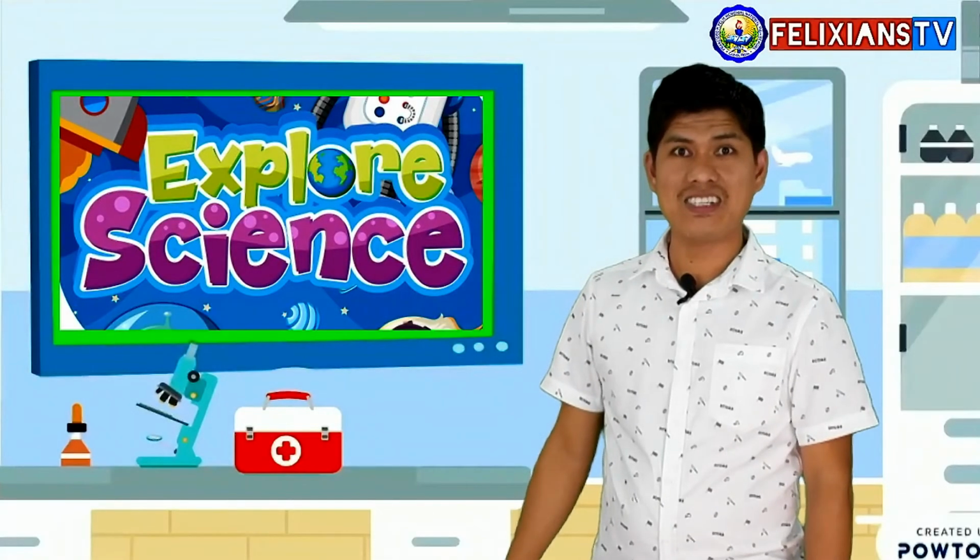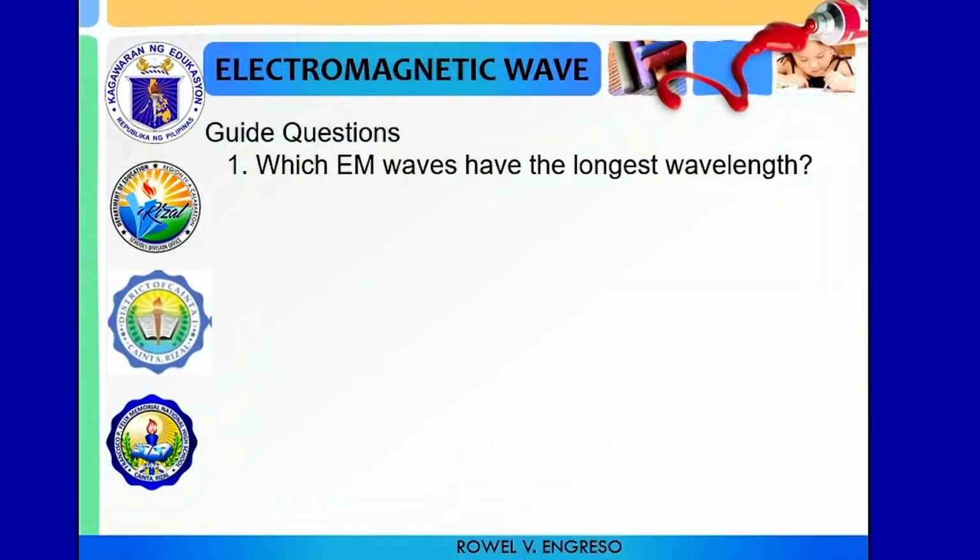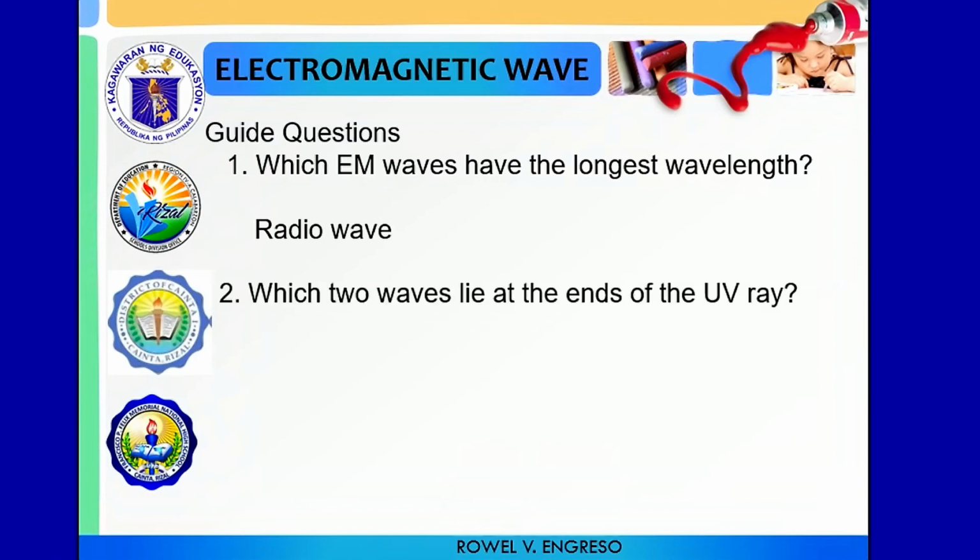Let us now answer the guide questions. Which electromagnetic wave has the longest wavelength? The answer is, you're right, it's radio wave. Number 2, which two waves lie at the ends of the UV ray?